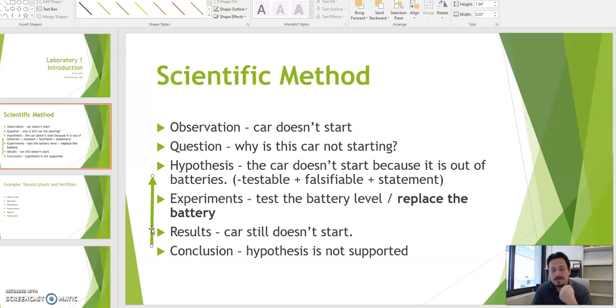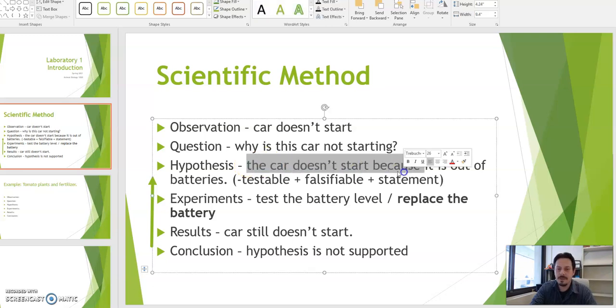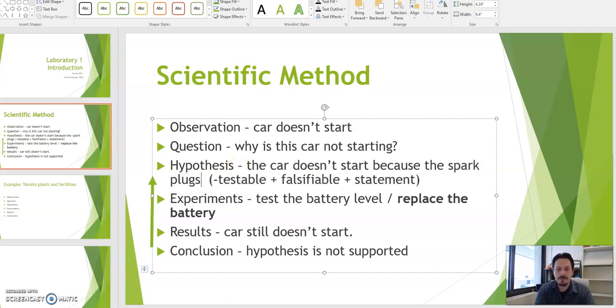So in this case, let's see what we could do. You try to test the battery. It turns out that the battery isn't the issue, so you're going to redo your hypothesis. Let's think of another hypothesis. We can say the car doesn't start because the spark plugs don't work.